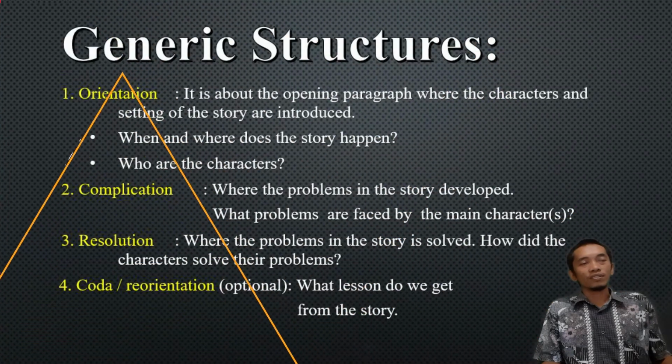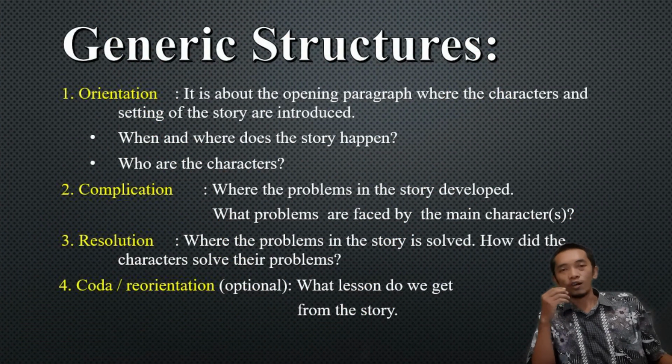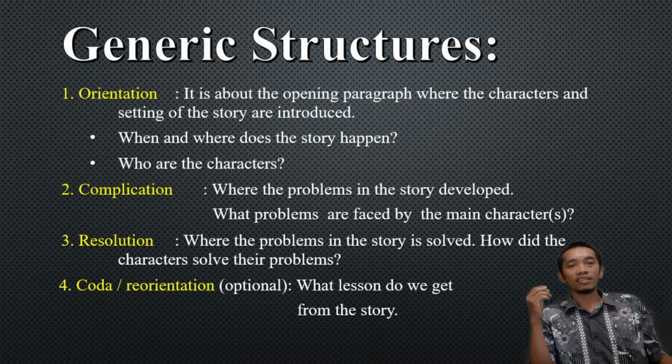Next, the generic structure of narrative text is divided mainly into three parts. The first one, orientation, complication, and resolution. The fourth one is coda or reorientation, but it is optional. We can use it or not.